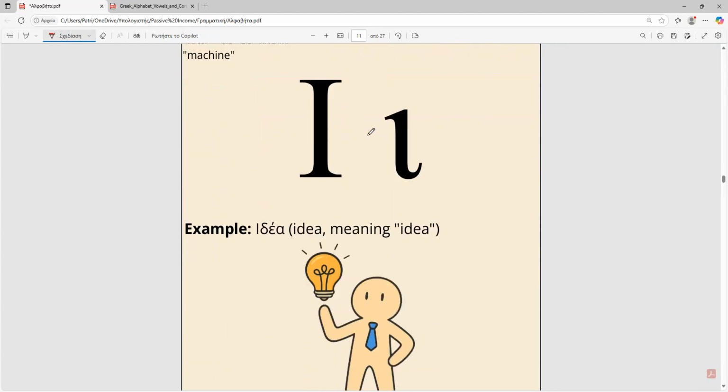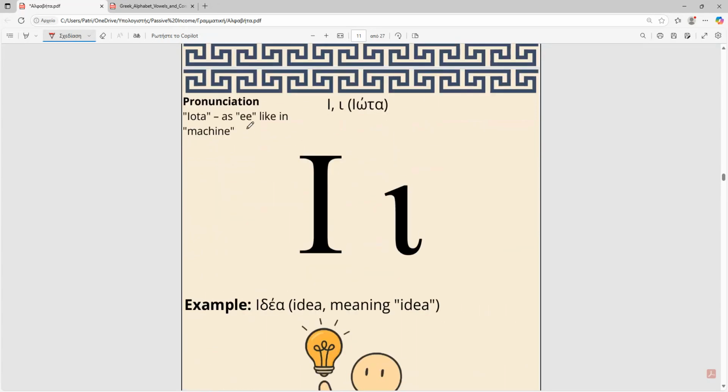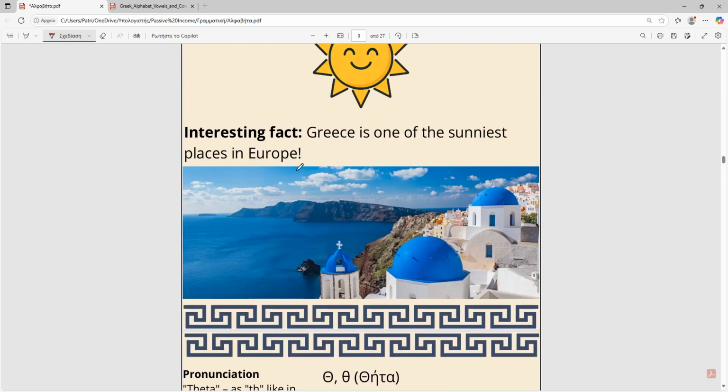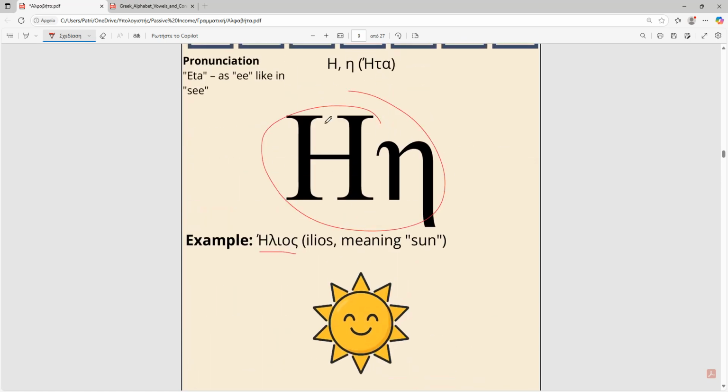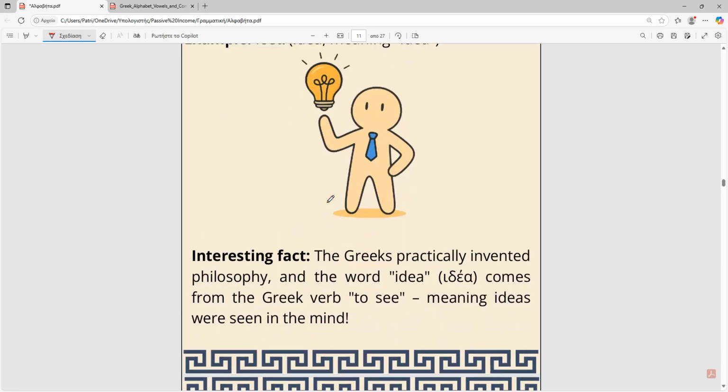Then we have Iota, like idea. This is very important to see. Iota, like E in machine. This is the second E that we learn, okay? The first one, if you remember, is the Ita. Let's say that the Greeks practically invented philosophy, and the word idea comes from the Greek verb to see, meaning ideas were seen in the mind.